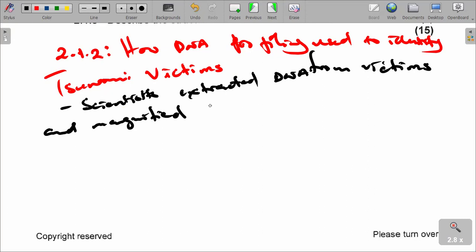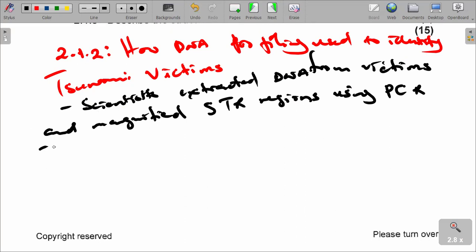I'm sure you remember that these STR regions were amplified using the polymerase chain reaction, PCR.